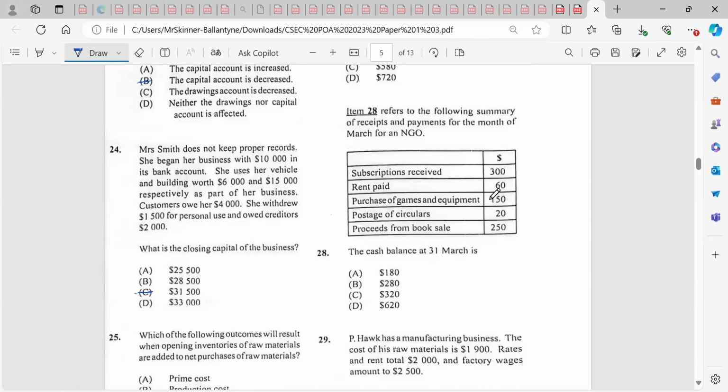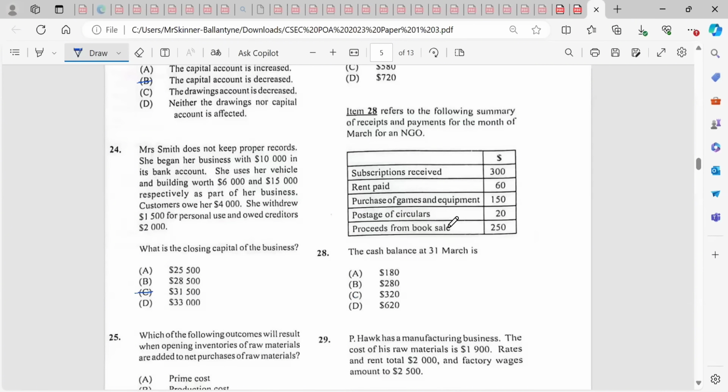Purchase of games and equipment, that is money you spend, 90. Postage of circulars, you spend 20, so you're on 70. And then proceeds from book sale is money you get. So you get 250. 70 plus 250 is 320. So the answer is C.